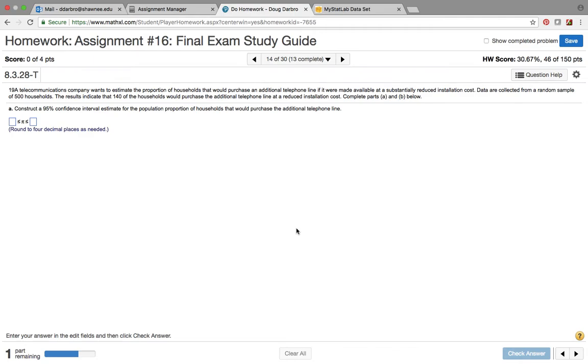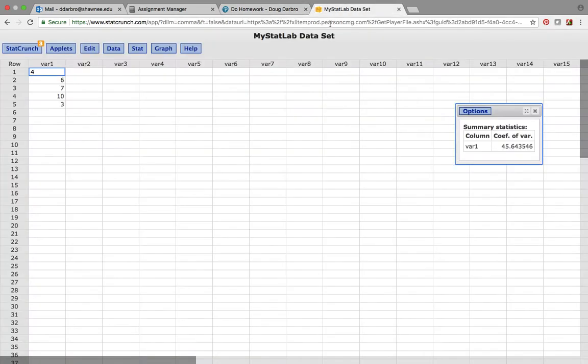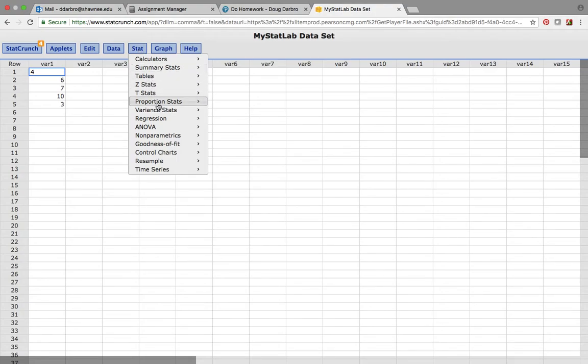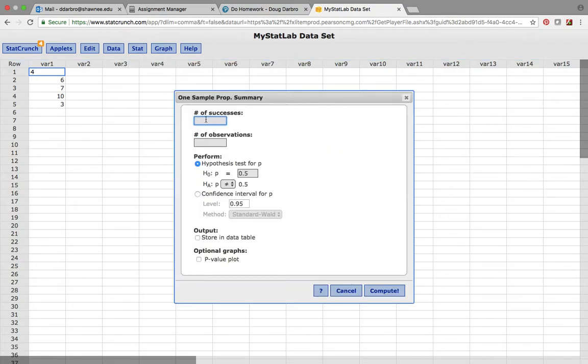So we want a 95% confidence interval. So gang, what we would do here is we would go to stat, we would go to proportion stat, one sample, with summary. So the number of successes would be 140, the number of observations would be 500, and we want a confidence interval of 95%.